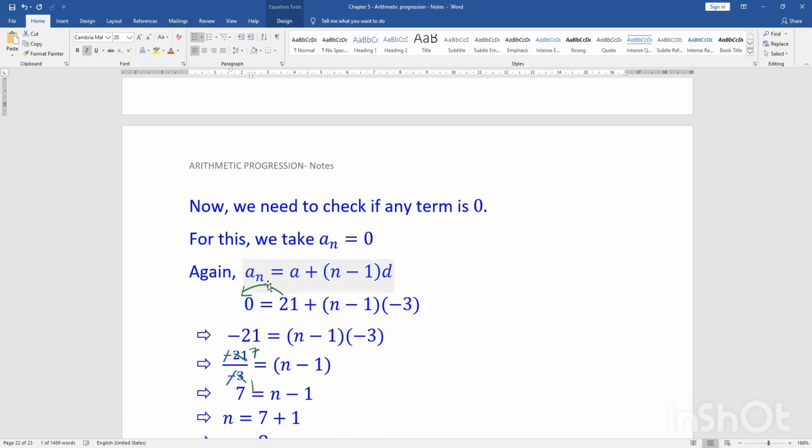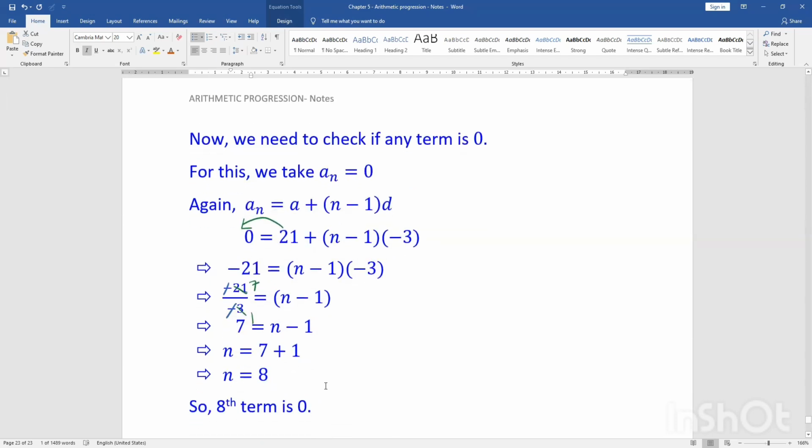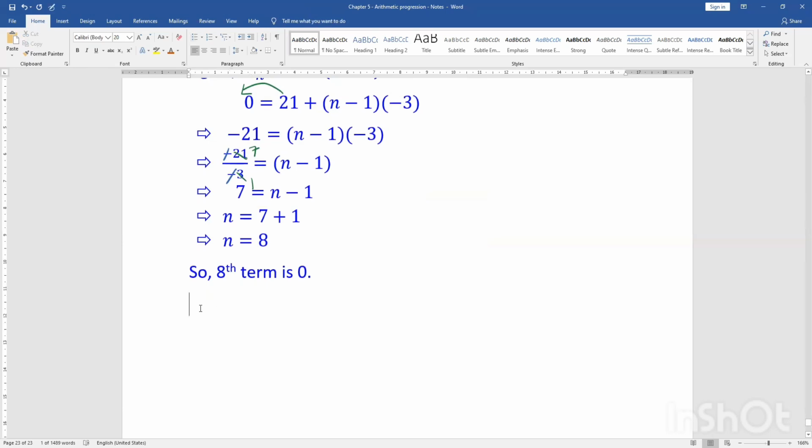Then minus 21 by minus 3, it will be 7 times it goes, correct? Minus and minus get cancelled. So 3 ones are 3, 3 sevens are 21, or n equals 8. So the eighth term is 0.